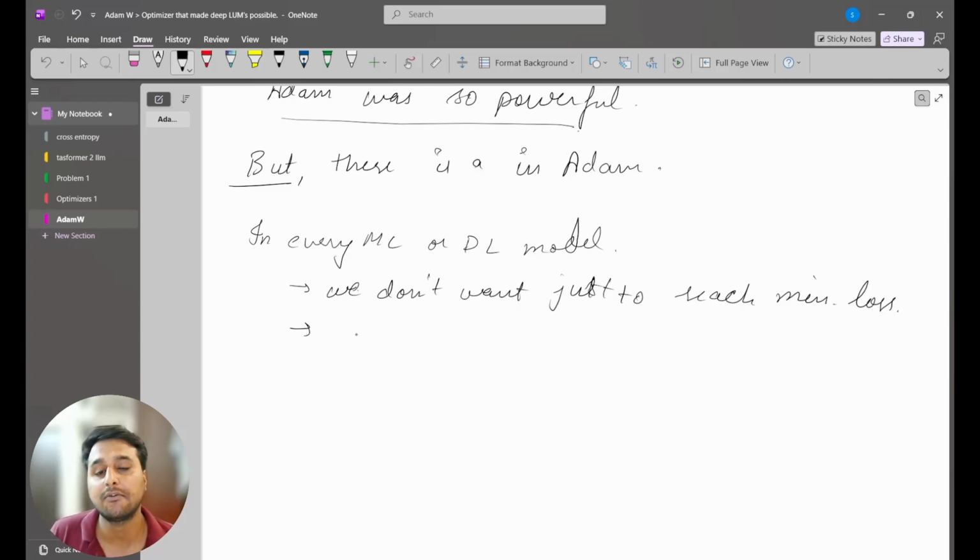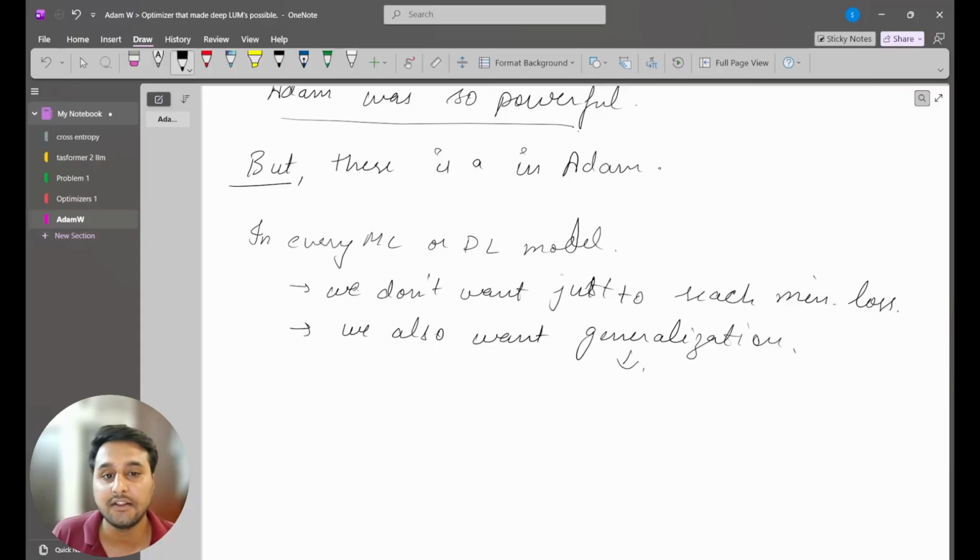But we want one more thing. We also want generalization. And what does generalization mean? It means our model works better on unseen data.